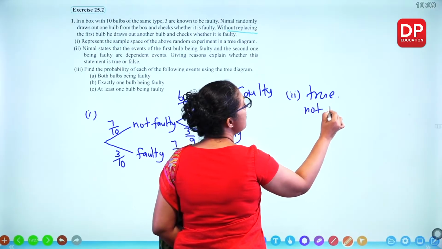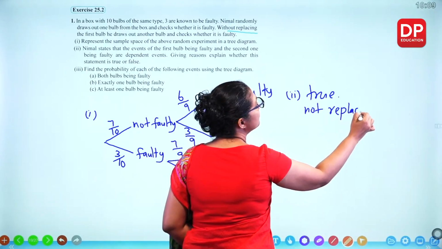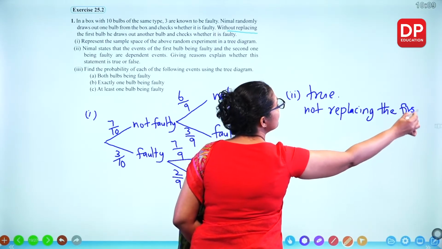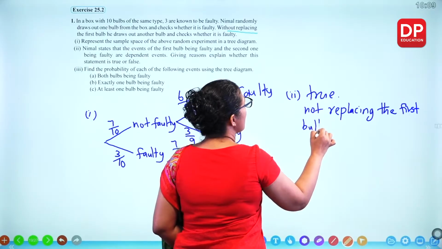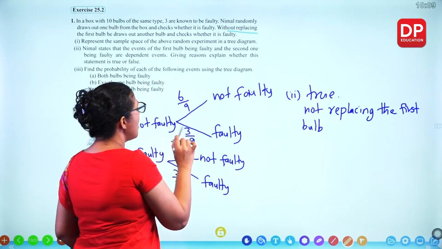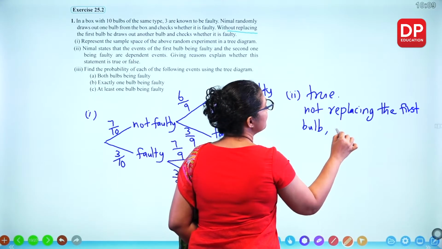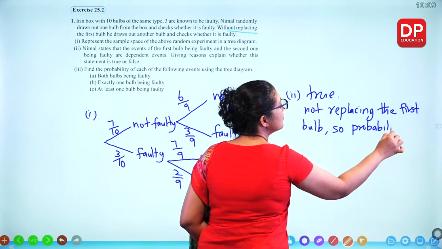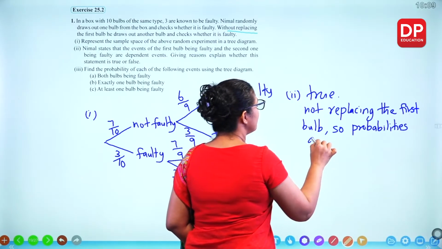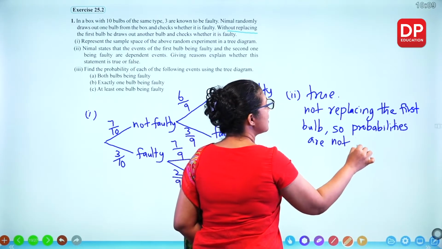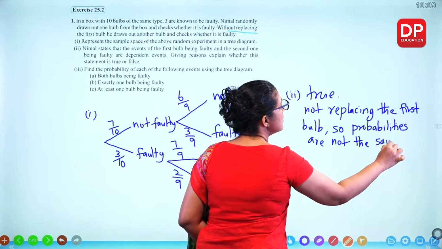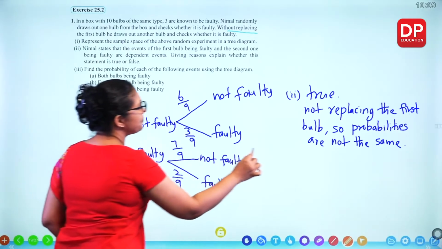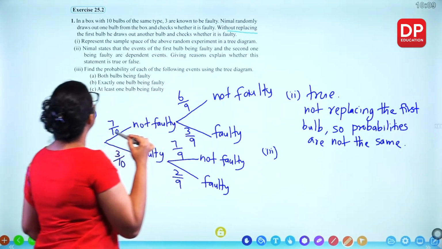Not replacing the first bulb. So the probabilities are not the same. So that's the reason.